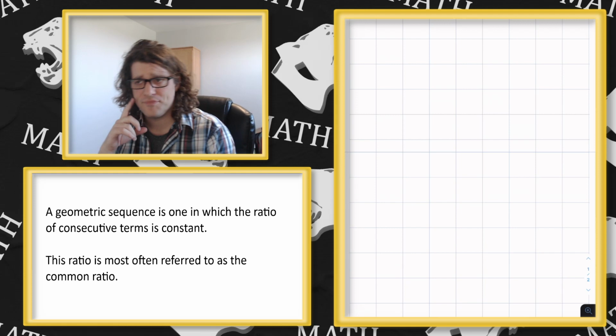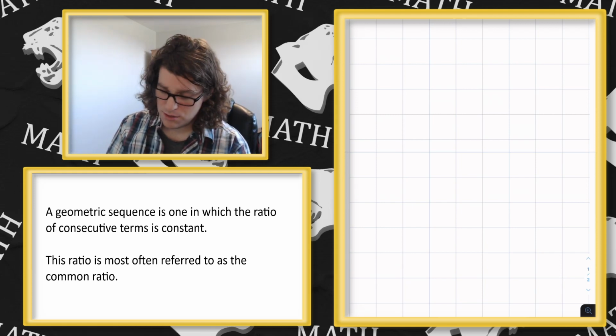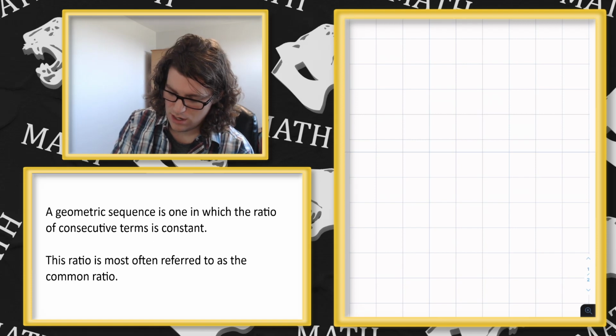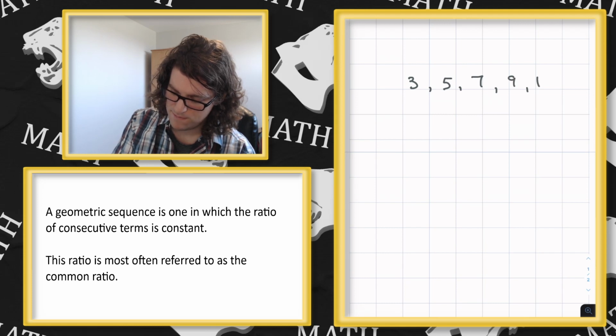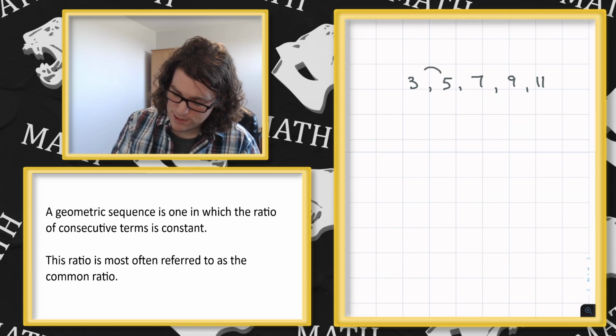So before, when we were adding a constant value, if I had 3, 5, 7, 9, 11, that is an arithmetic sequence. It has a common difference of 2.